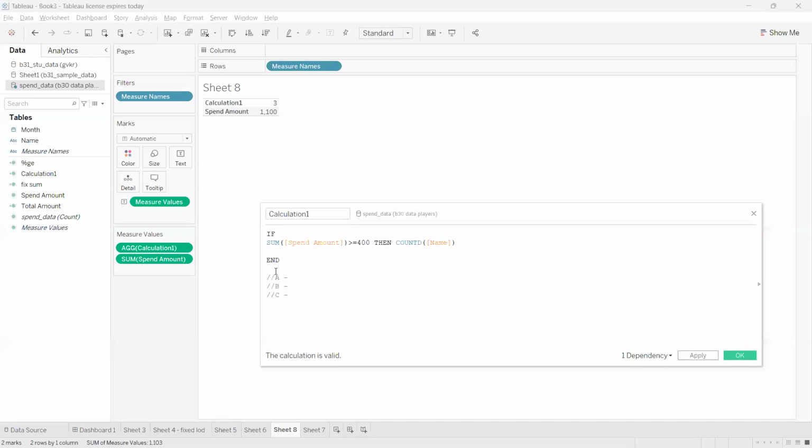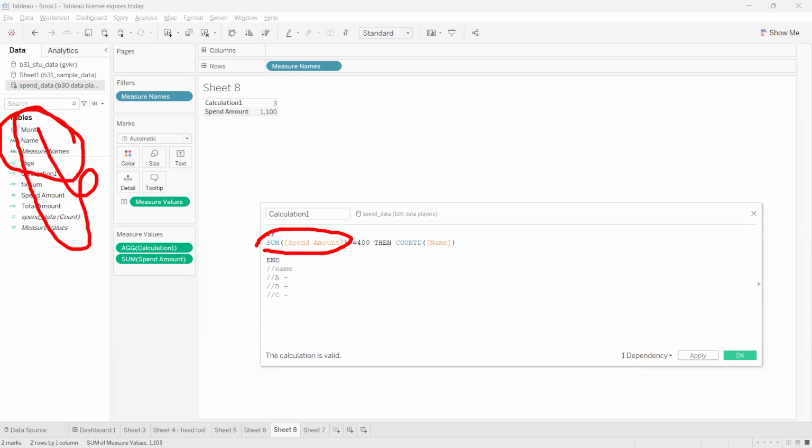These persons are coming from which field here? The name field. In this sum of amount field, we are not mentioning it. We have so many dimensions here, but Tableau doesn't know at which dimension level you want to take this aggregation. If you don't mention any dimension, Tableau will directly take this amount from the sheet.